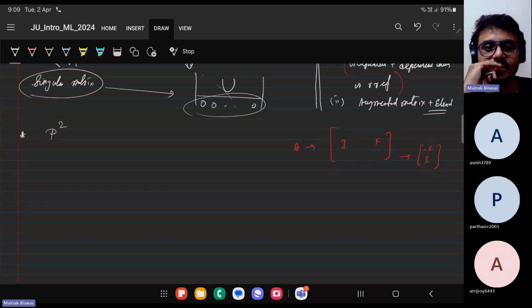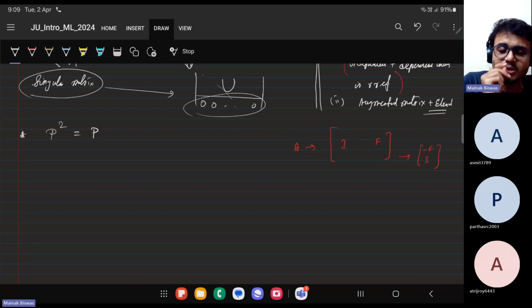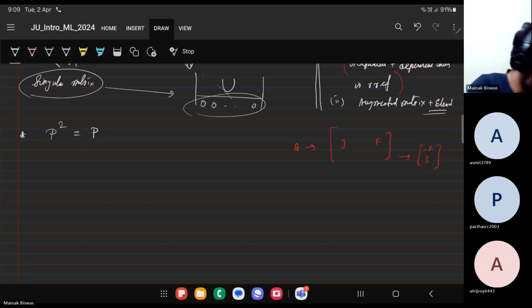P squared is equal to P, right? Projection matrix was an example where the same matrix was obtained on multiplying itself. Yes or no? So now I'm telling you, trace of P is equal to rank of P.